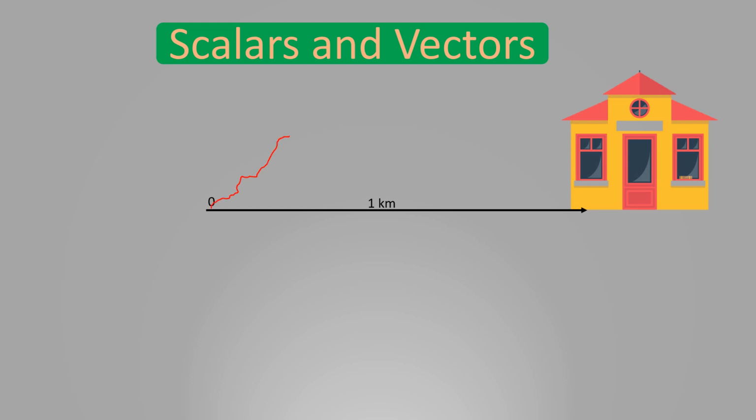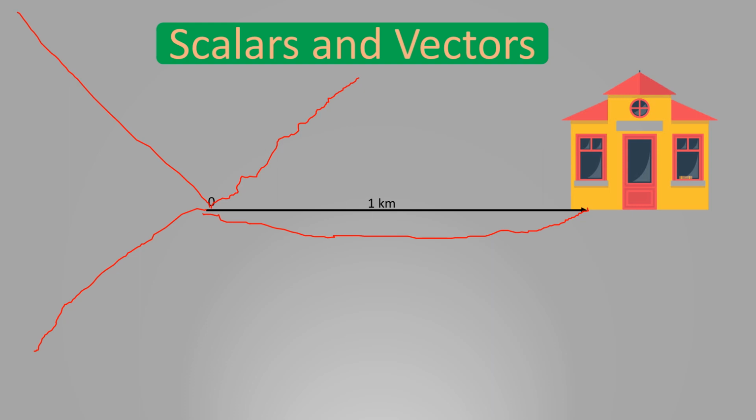He may start from this direction or this direction, 1 kilometer. Unless I tell him the exact direction, he can't be sure to find the school. So some physical quantities need both magnitude and direction. If you start from O and go 1 kilometer straight to the right, then you're going to find the school. That's why a vector needs both magnitude and direction.